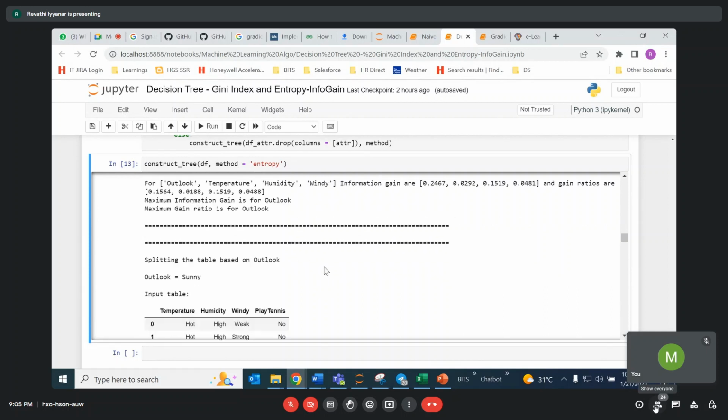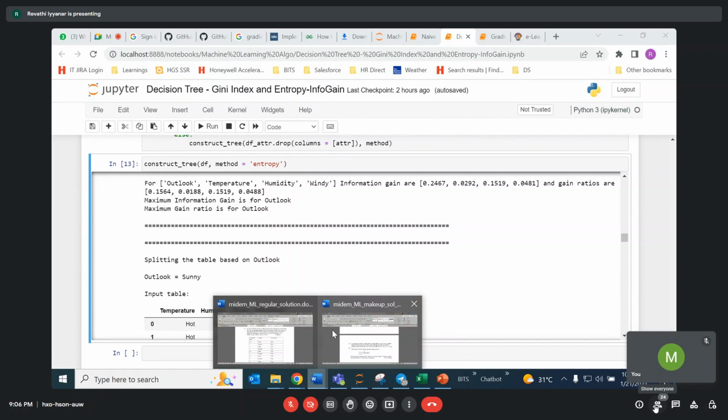My only question was how it comes in the exam, whether they mention gain ratio explicitly or for general scenarios also. That part I'm not clear about.